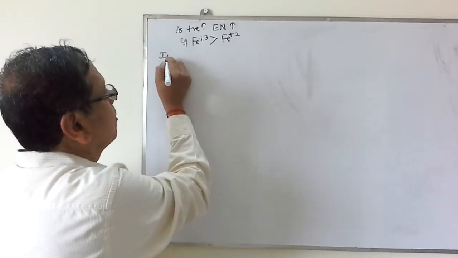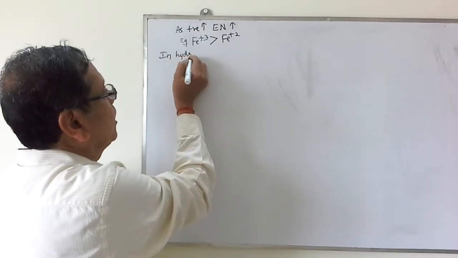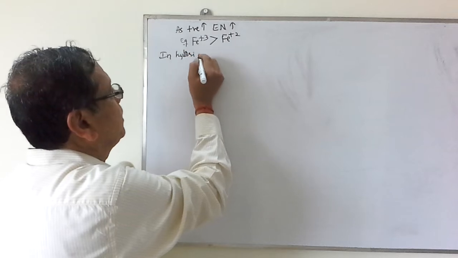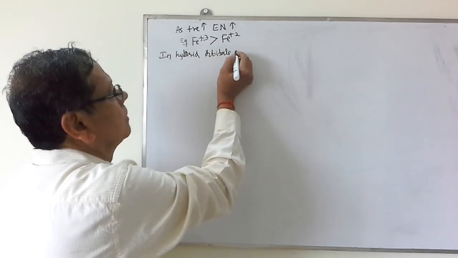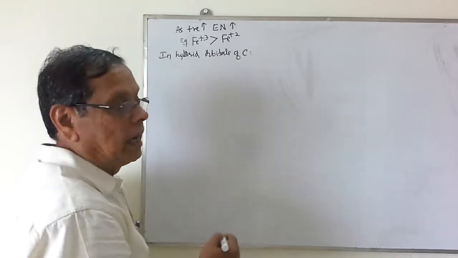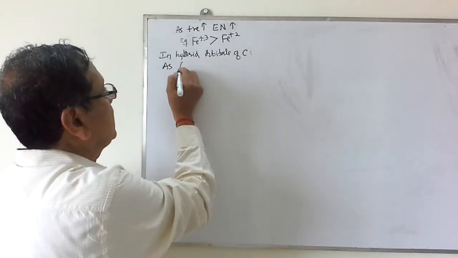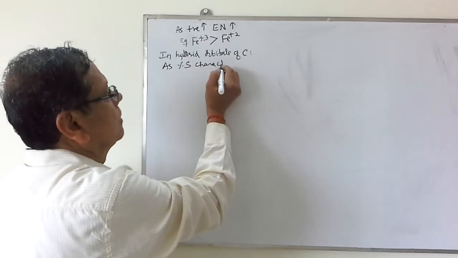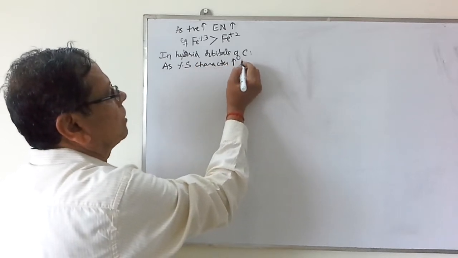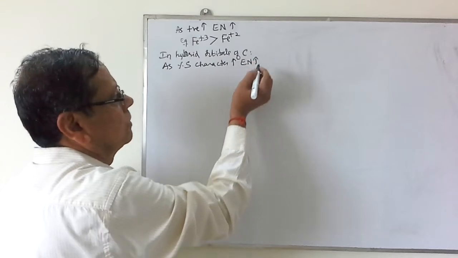Similarly, in hybrid orbitals of carbon, as percentage S character increases, electronegativity increases.